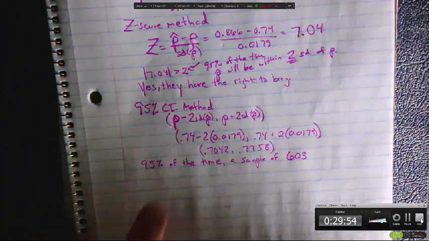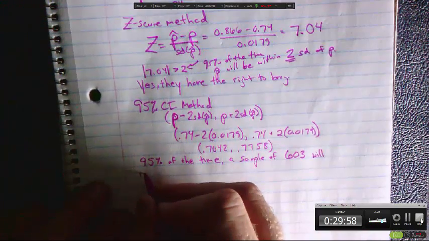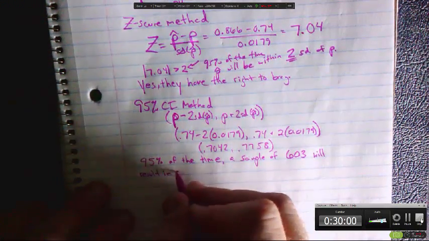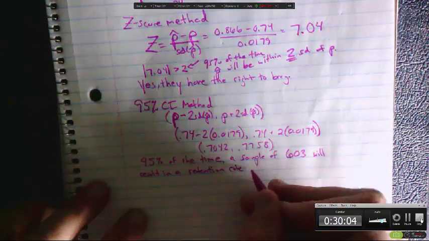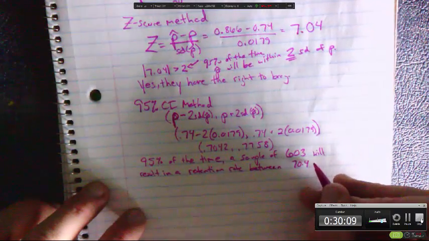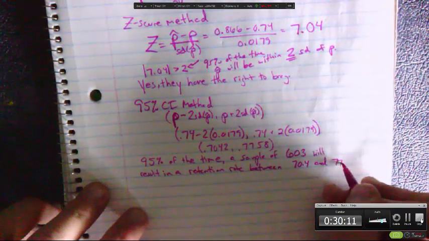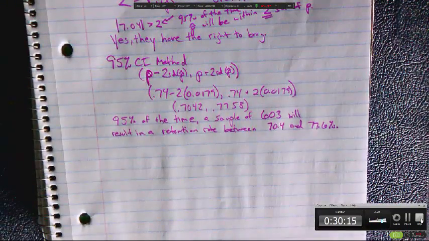Okay, so 95% of the time, a sample of 603 will result in a retention rate between 70.4 and 77.6%. That's how you can interpret that confidence interval.